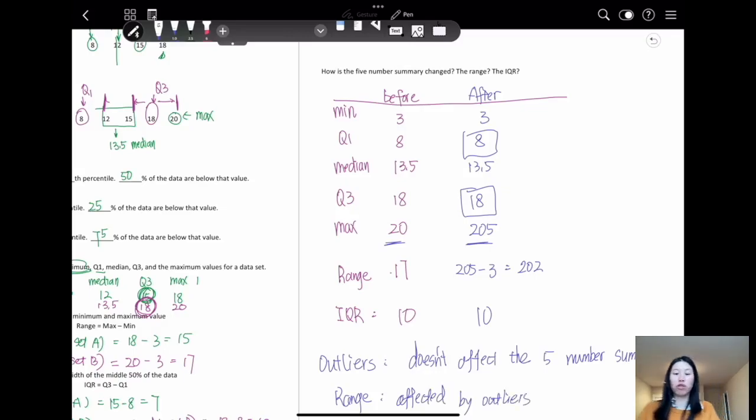That's why, when there's a skewed data set, we want to use IQR and the median to describe the data. Okay, so that's it for today. Let me know if you have any other questions.